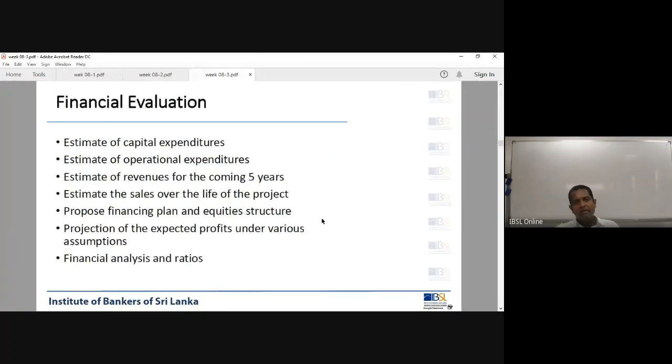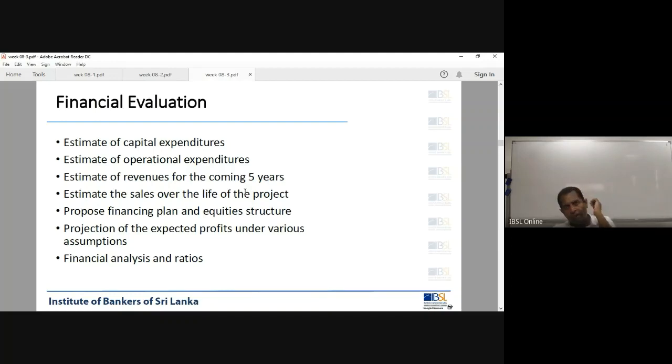Then we have the financial evaluation. Under financial evaluation, you need to project a P&L, balance sheet, and a cash flow, right? All these are based on projections. So you know the market, you know the capacity, therefore you can predict the turnover levels and operational levels.